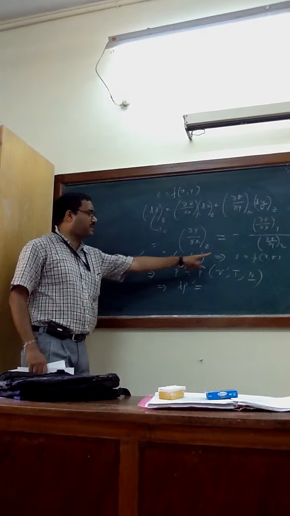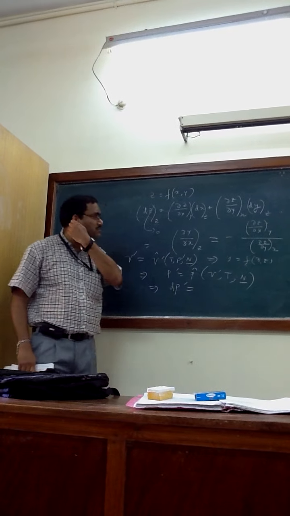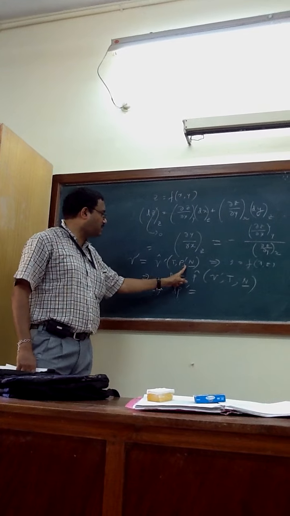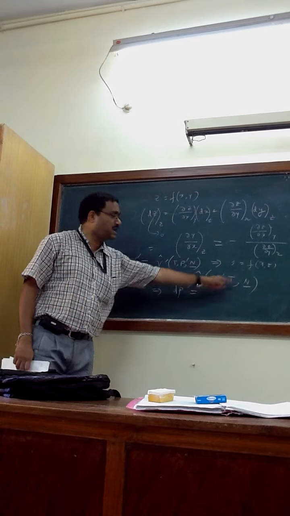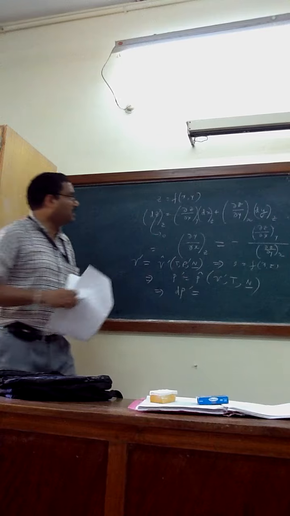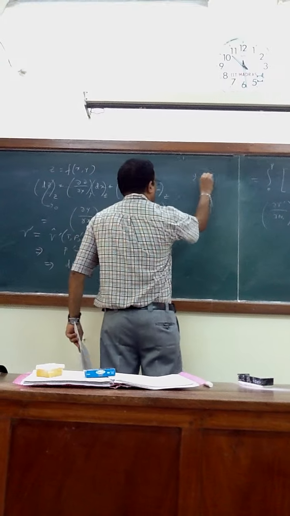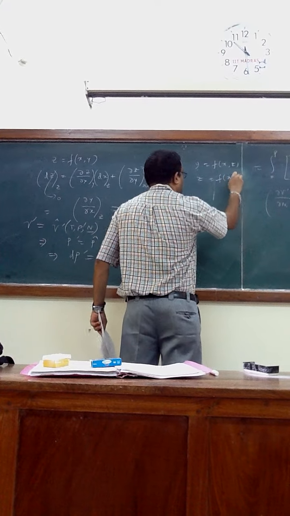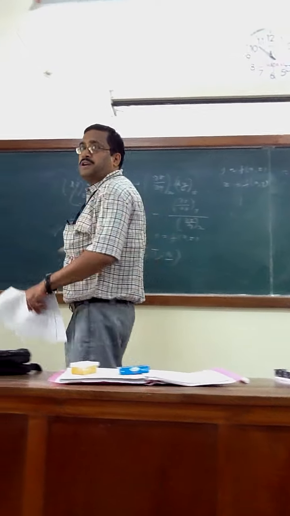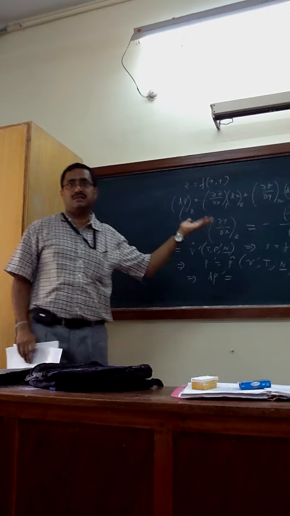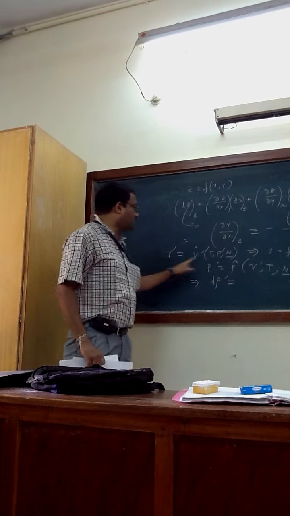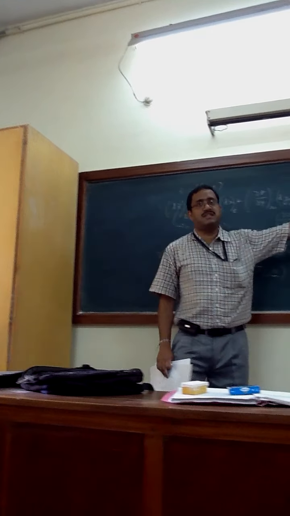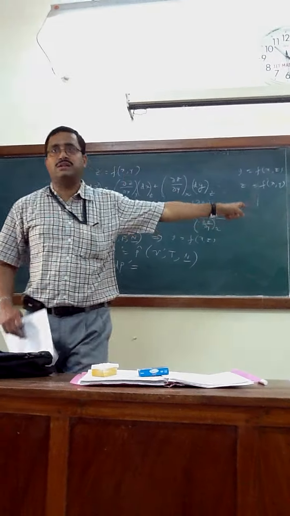This is like y equals f of x, z. You are going for z equals f of x, y. My implicit function theorem says that if y equals f of x, z, I can write z as f of x, y, provided this rule is satisfied. That's the way the implicit function theorem works. So can I write this? Yes, I can write it if this relationship is satisfied. How to get this relationship?